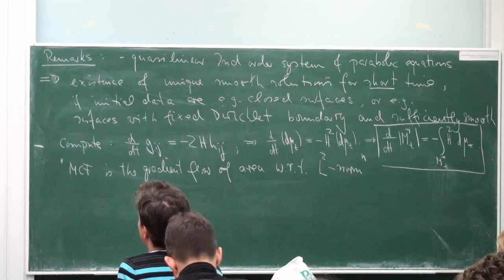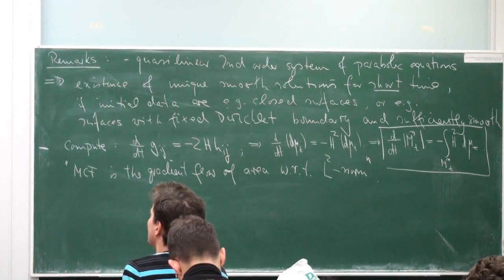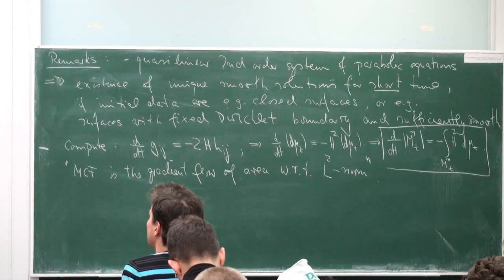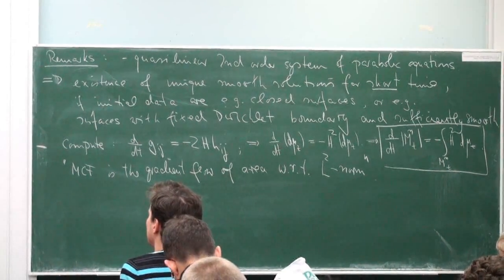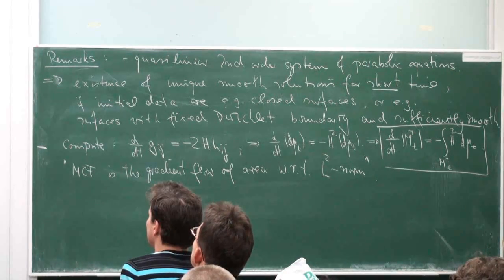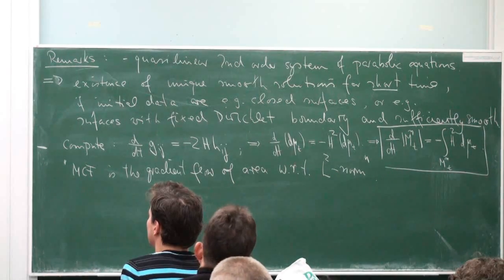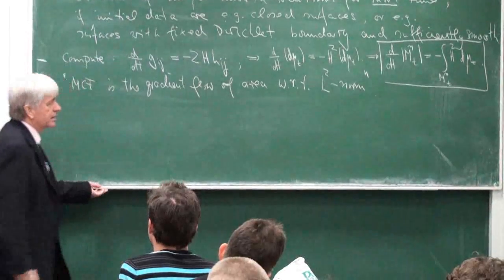And then the mean curvature flow is the gradient flow of area with respect to the L2 norm. So you should think of mean curvature flow as the parabolic version of the minimal surface equation, just like the heat equation is the parabolic version of the Laplace equation. Okay? Just in a nonlinear setting.